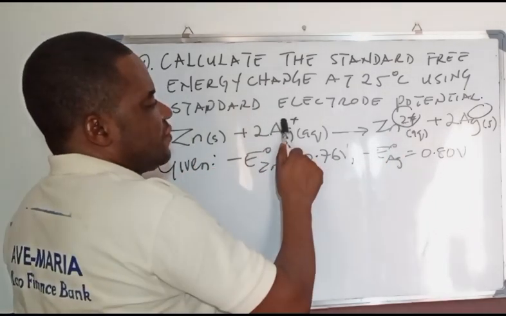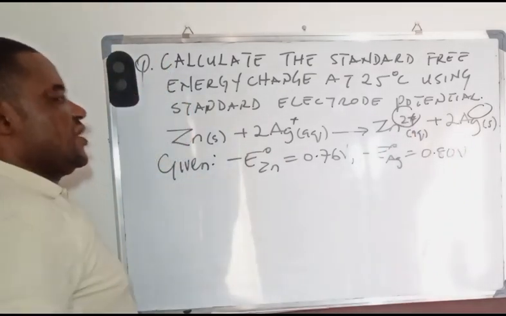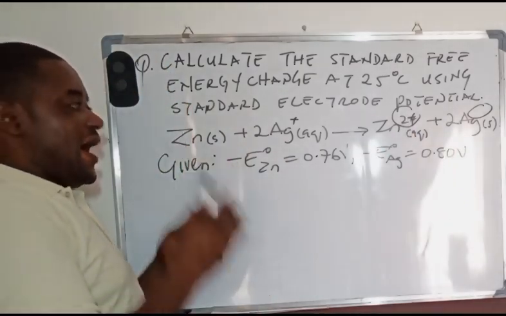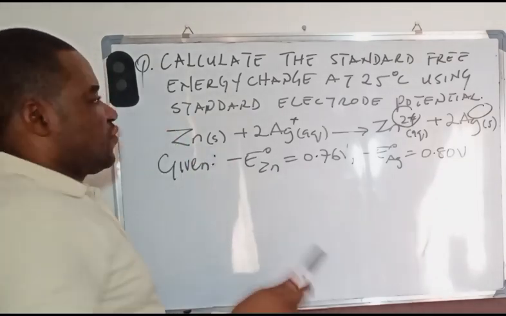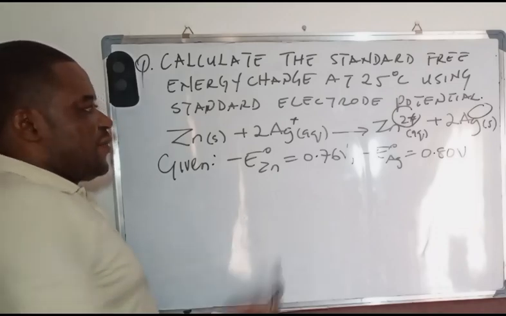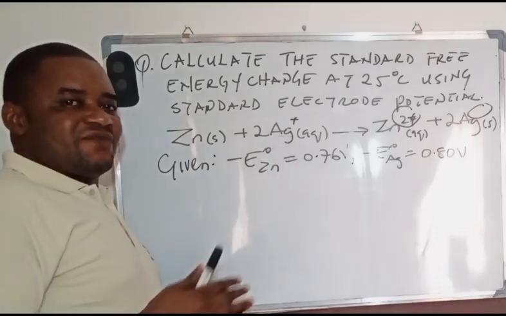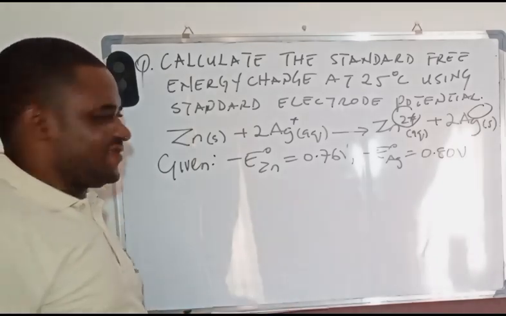Silver has a reduction of charge at the product, so it is reduced. Therefore, zinc is oxidized and silver is reduced. And of course, you know that because zinc is oxidized, it is a reducing agent. And because silver is reduced, silver is an oxidizing agent. Do not confuse yourself.